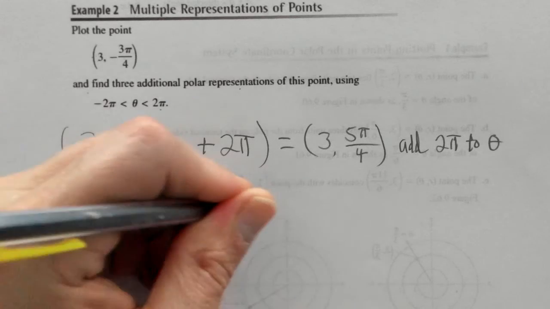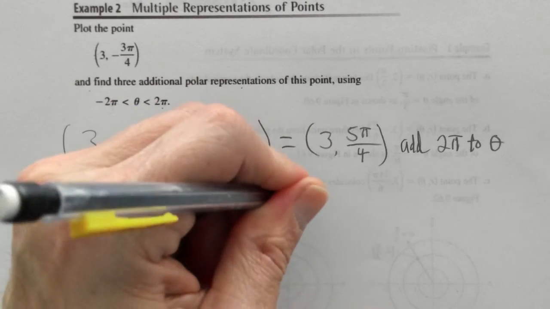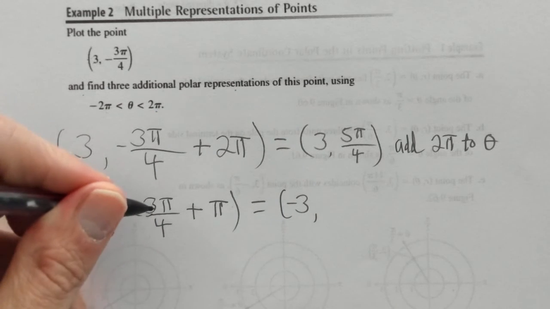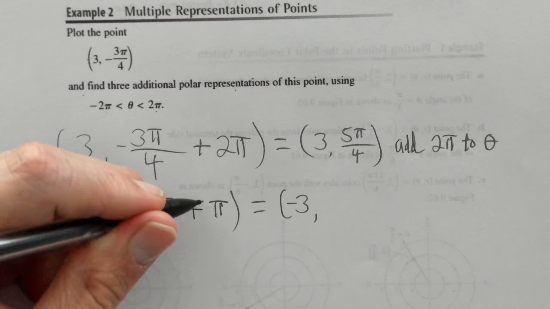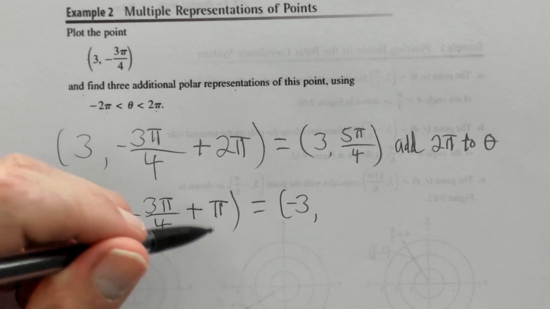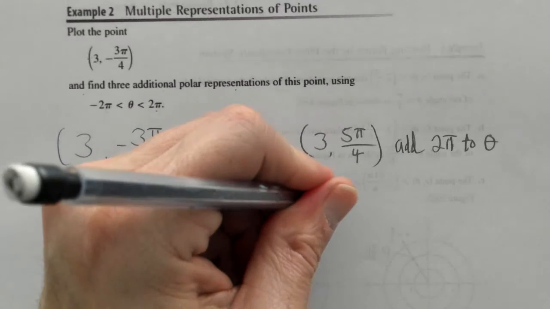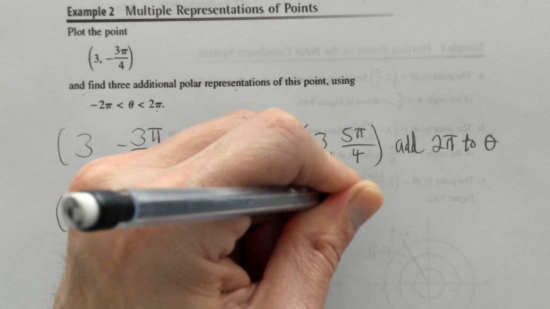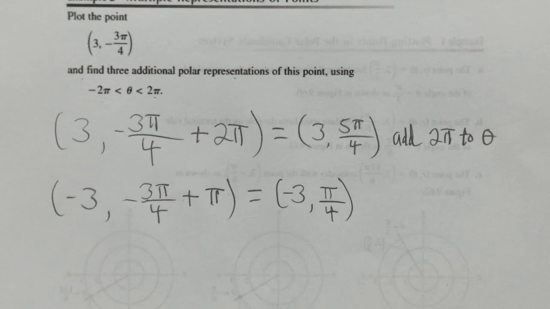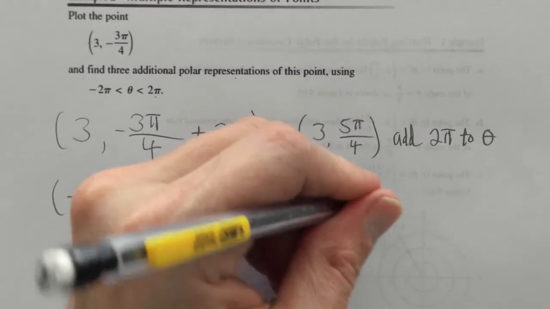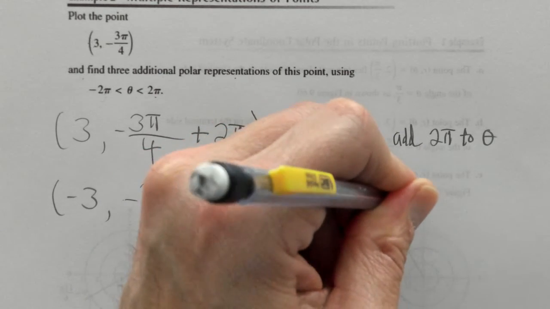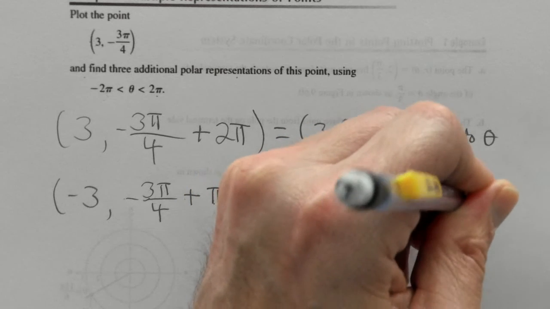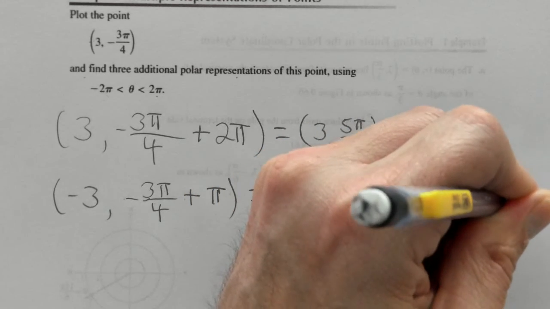When I do that, I would end up with negative 3, and then negative 3 pi over 4 plus pi, I can make that 4 pi over 4, and that would end up being pi over 4. So there's another coordinate that represents the same point. How did we do that? We switched r to negative r, and then added pi to theta.